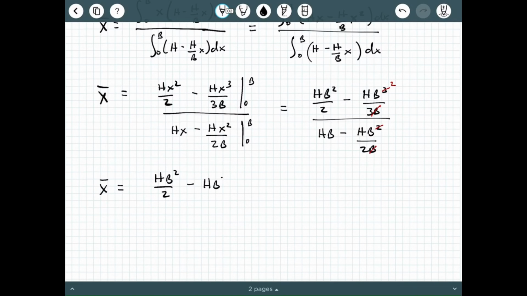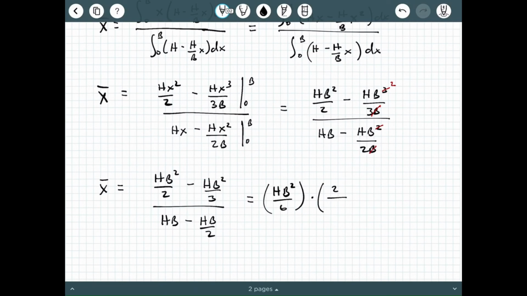hb squared over 2 minus hb squared over 3, divided by hb minus hb over 2. We can get some common denominators and combine some terms, so that numerator becomes hb squared over 6.